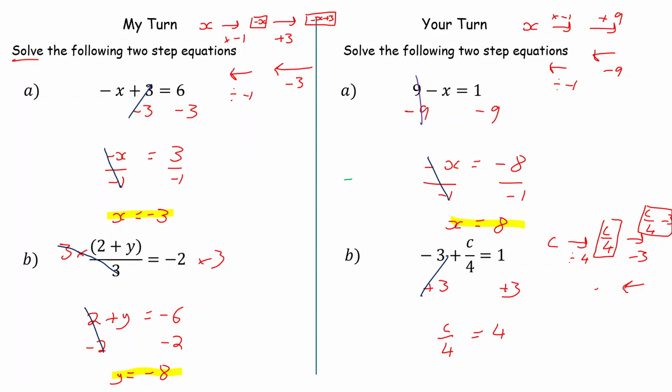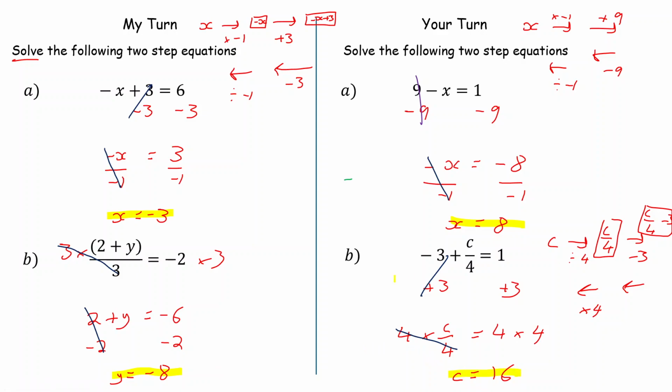I then got to do the opposite of dividing by 4, which is to multiply by 4. Both sides, timesing it by 4, timesing this by 4. And then these guys here are going to cancel because they're opposite. You're left over with just c being equal to 4 times 4, which is equal to 16. And this is your solution. 16. Yeah, there we go.